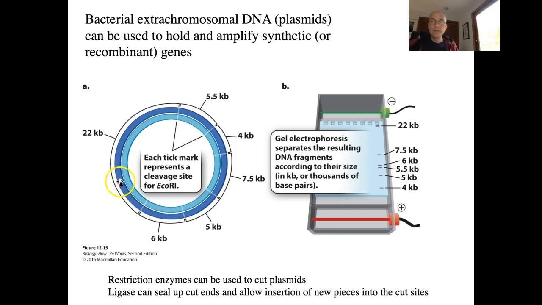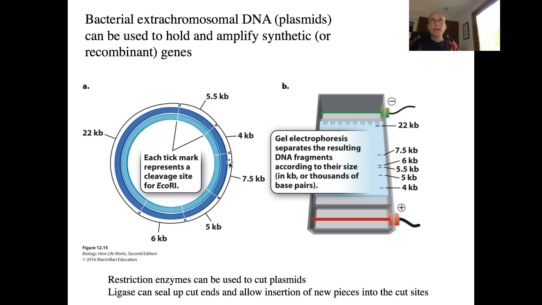In biotechnology, which is what this lecture is about, we use natural things that are already there, like plasmids, and we use these for holding pieces of DNA and letting the bacterium amplify those pieces of DNA.